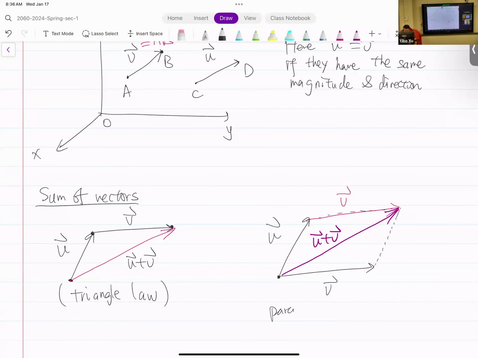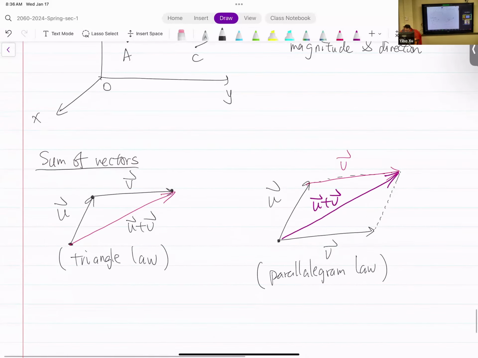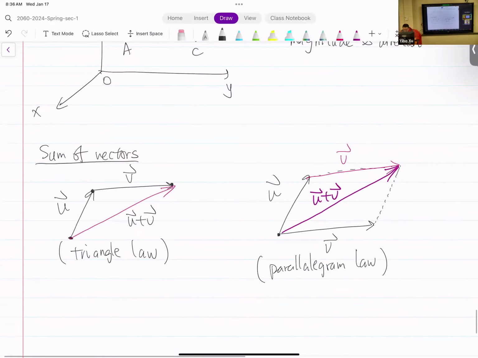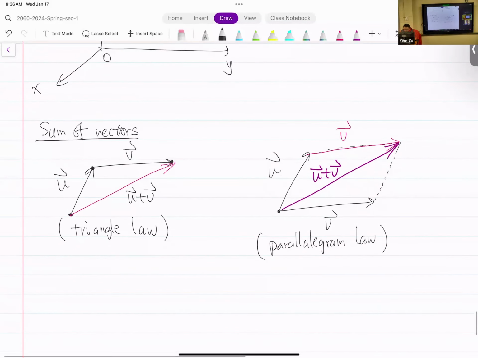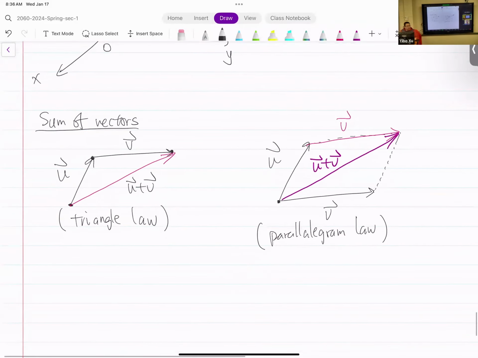So this is the parallelogram law. If you just keep the tails at the same place, then you form this parallelogram, right? And you get the diagonal. Right. Sounds good?